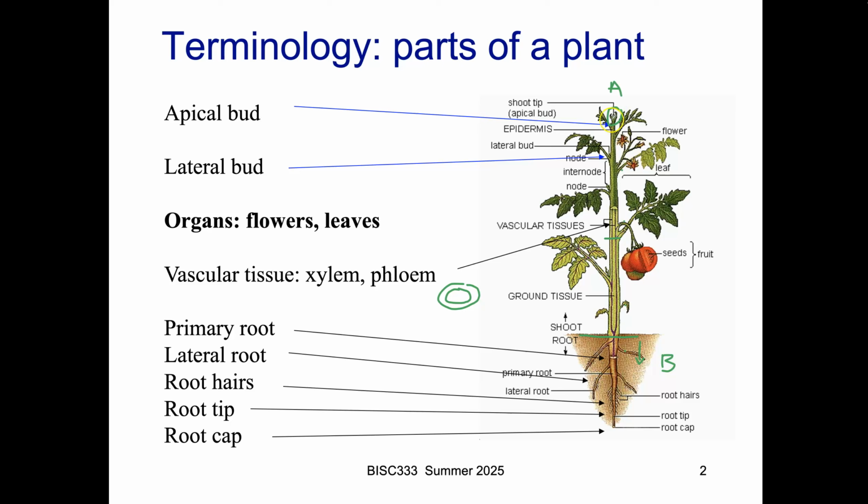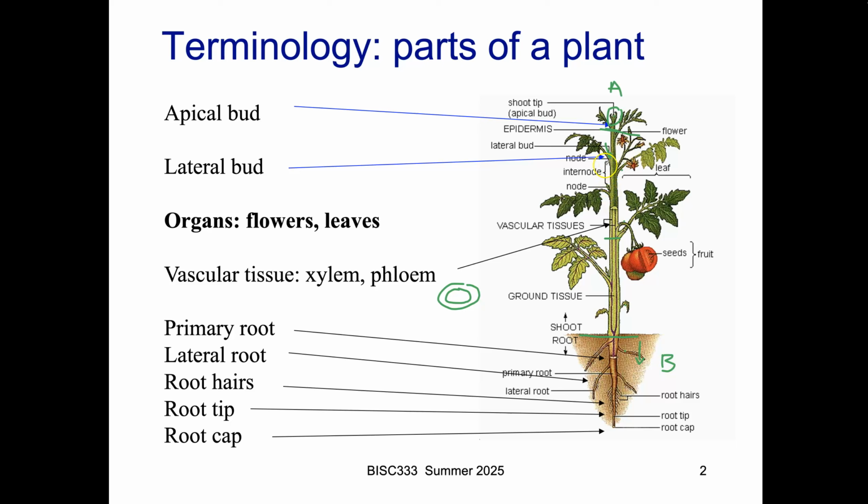And if you've ever had a house plant, you may know that if you're trying to get a house plant to grow more bushy, you sometimes just pinch off the apical bud, because then what happens is the lateral buds, which are in between, so the nodes are where the leaves emerge, and then right above, exactly where the leaf emerges, there's a little bud in there, and that has the ability to form a shoot and to continue on the growth. But in many plants, it's dormant. But once you remove the apical bud, then some of these lateral buds will sort of take over, and then you can get these sort of bushier plants.